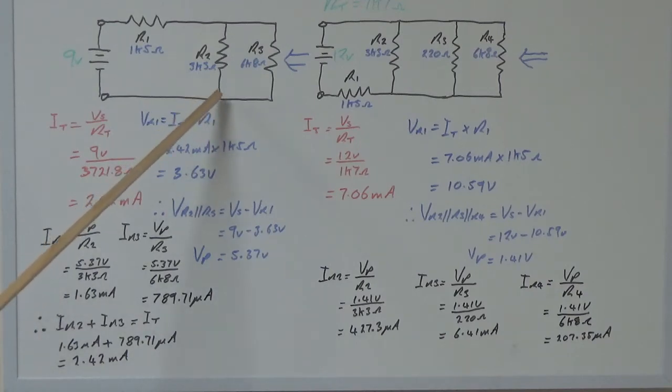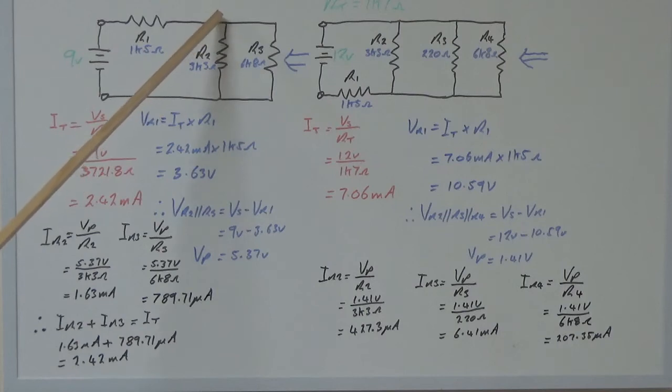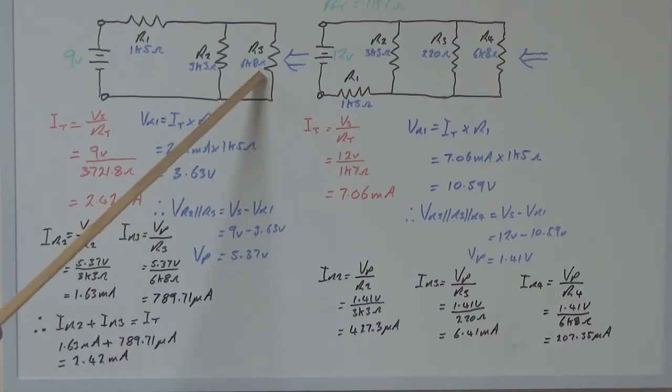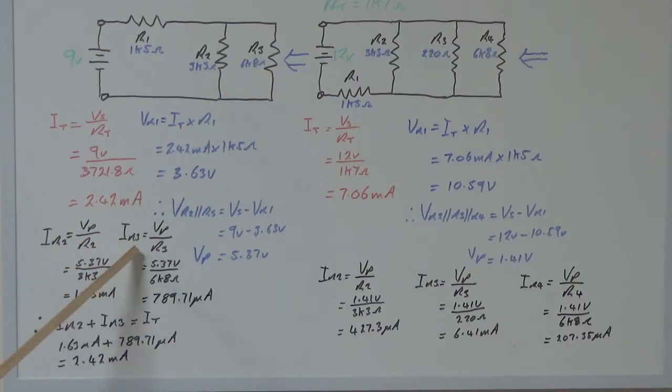So we've got 1.63 milliamps passing up through that branch, and for the current through R3, this resistor here, we've got 5.37 volts. It has to be the same voltage as this one, but this time we've got 6.8k ohms, and we end up with 789.71 microamps passing up through here.